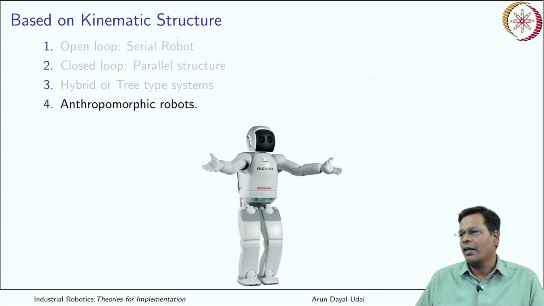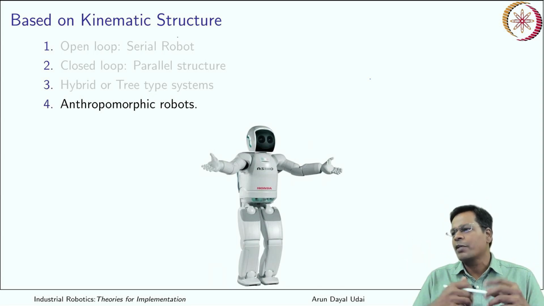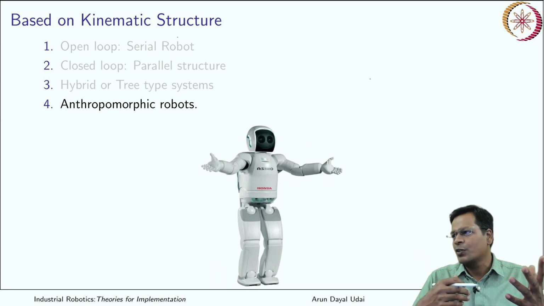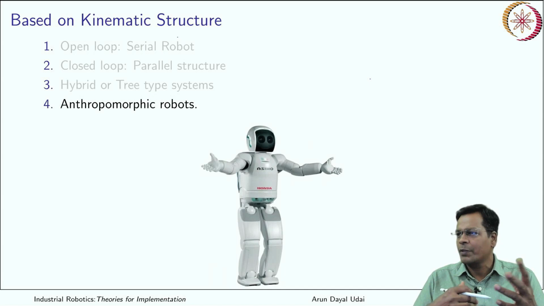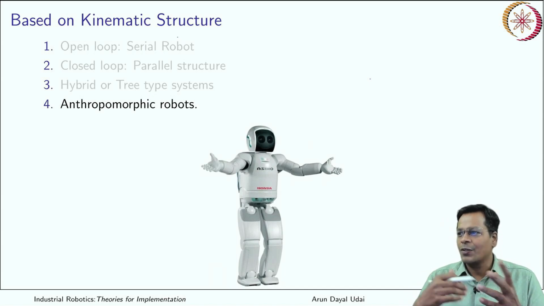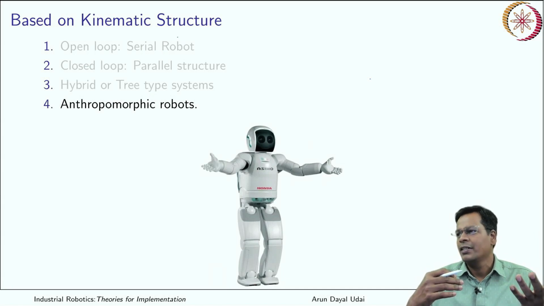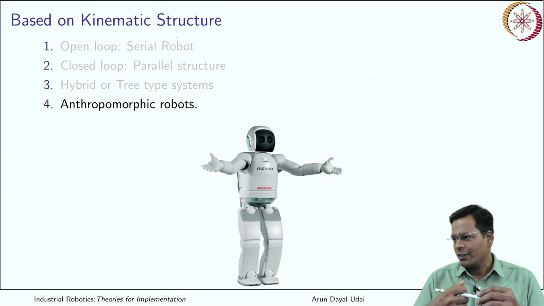And then there is the robot which fits your imagination of having a robot in your home, which looks very much like a human. It can do all kinds of jobs that a normal human can do, and can be programmed. It can take care of a child, look after elderly people, serve you dinner, right?